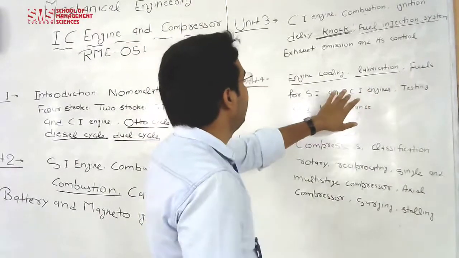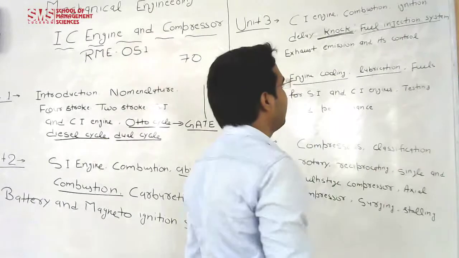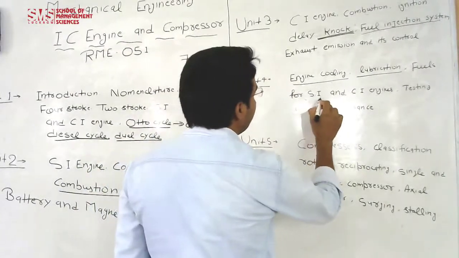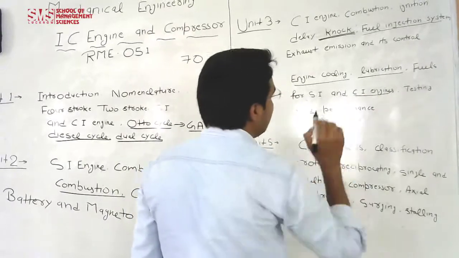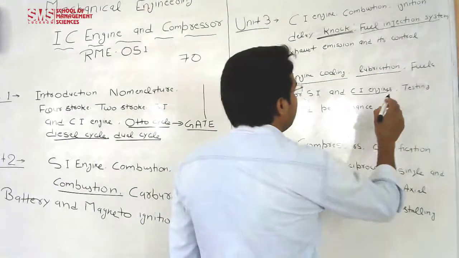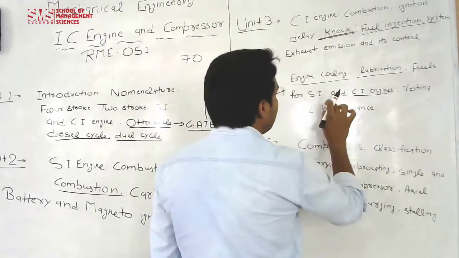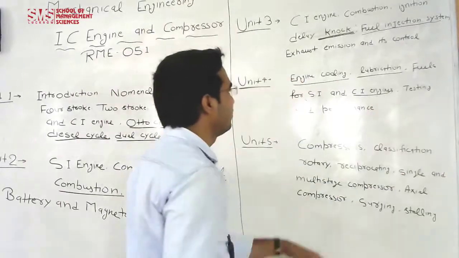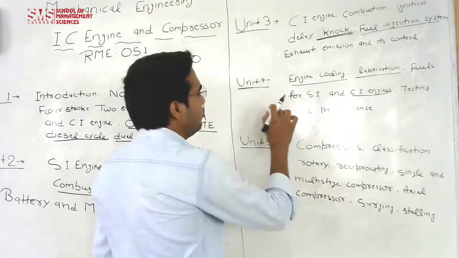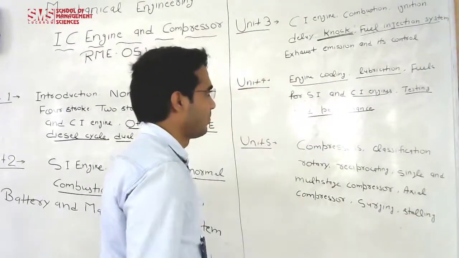In this topic you will study the requirements of fuel and the properties a fuel used in SI and CI engine should have. You will also study how to decrease knock tendency by using suitable fuel for SI and CI engine.